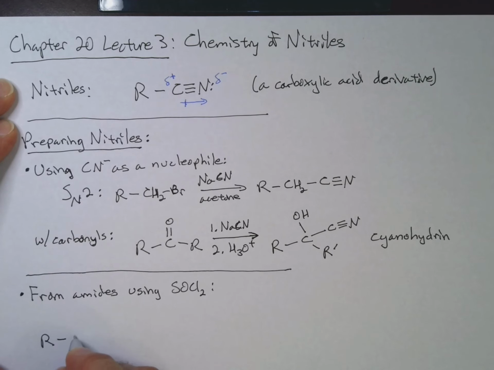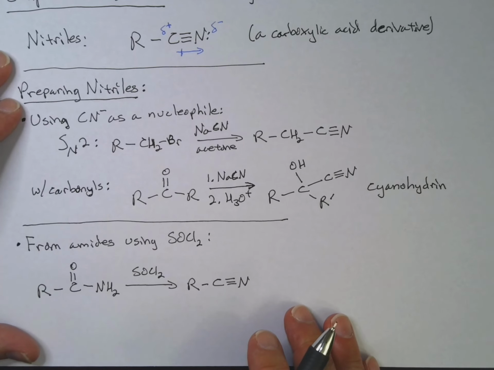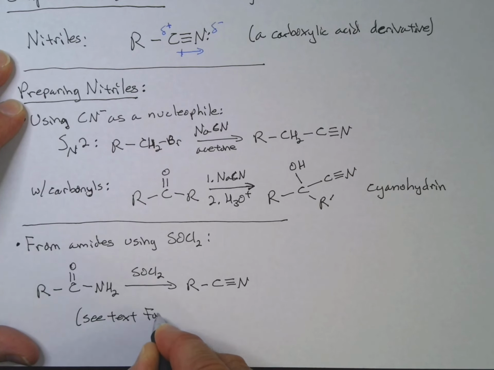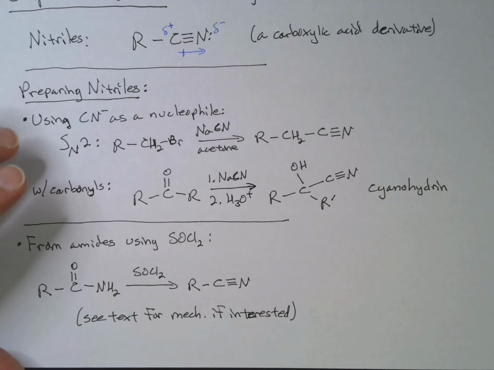So if I have R, C double bond O, NH2, and I treat that with SOCl2, I'll get R, C triple bond N. If you're really interested, you can take a look at the mechanism in the text, but I'm not going to hold you responsible for this mechanism, so if you don't want to look at it, you don't have to.